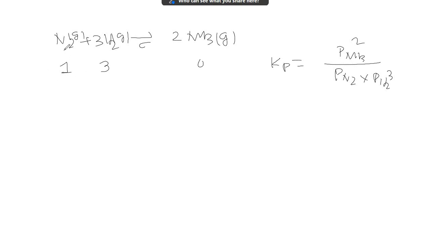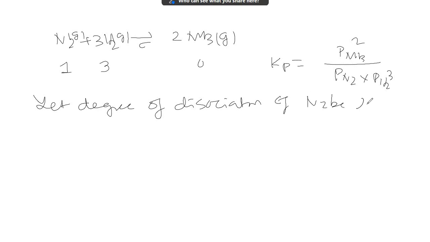Suppose at equilibrium, the degree of dissociation of nitrogen be alpha. What does it mean? Out of 1 mole, alpha mole of nitrogen decomposed. How many moles of nitrogen will be left behind? 1 minus alpha.